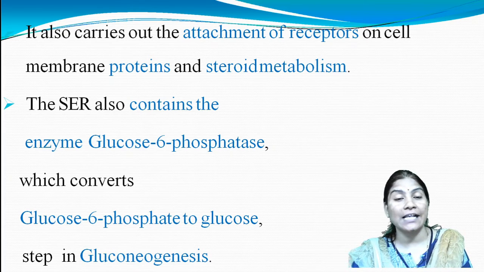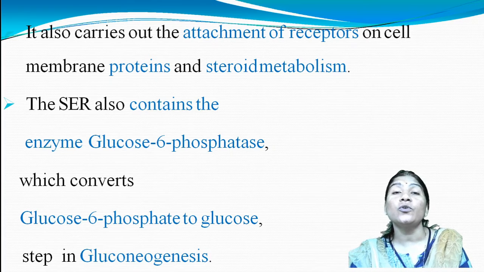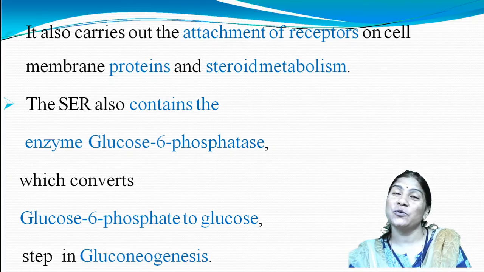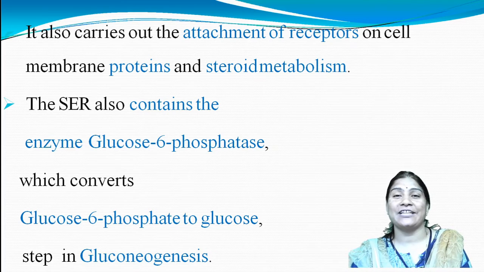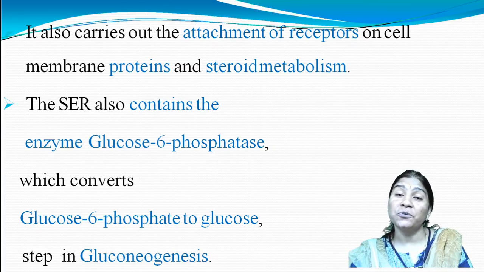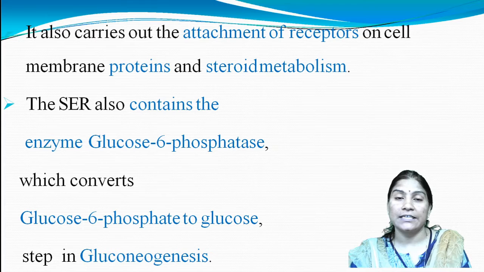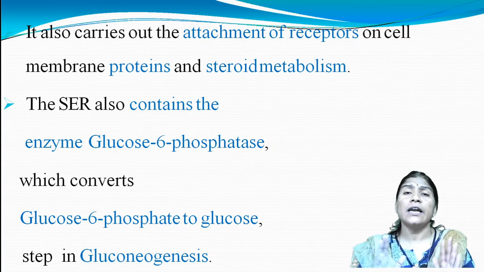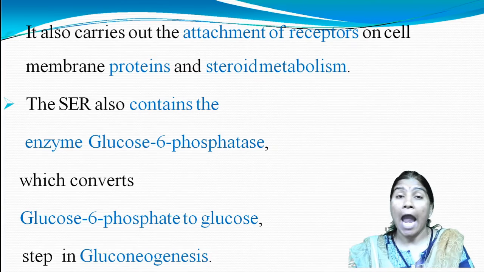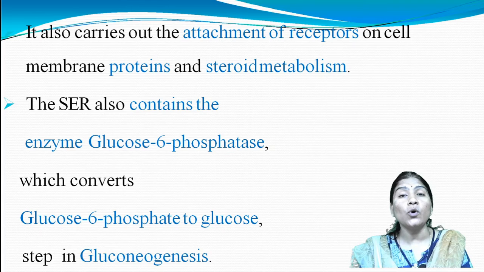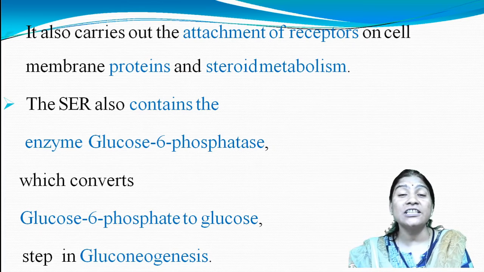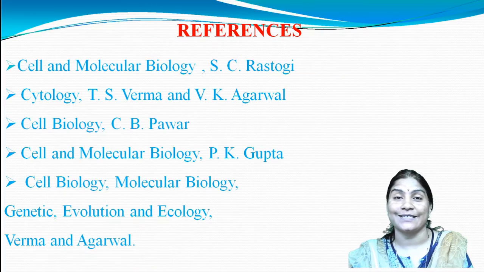That converting process is called the step of gluconeogenesis. So, the smooth endoplasmic reticulum also plays an important role in the step of gluconeogenesis, because through the smooth endoplasmic reticulum, there is the enzyme glucose 6-phosphatase, and this enzyme is responsible for the conversion of glucose 6-phosphate molecules to glucose molecules, which is the important step in the process of gluconeogenesis.